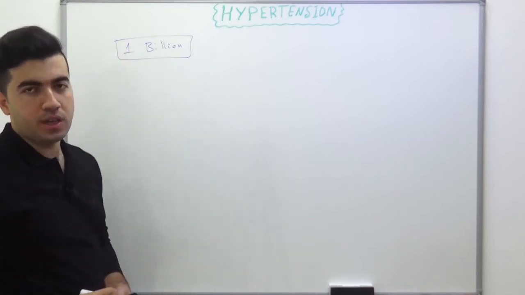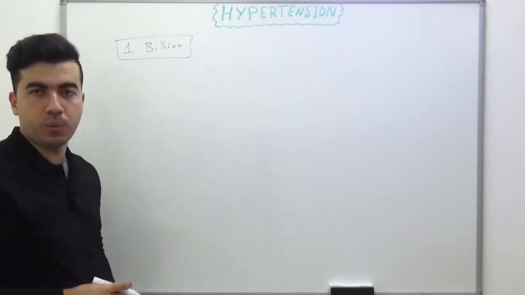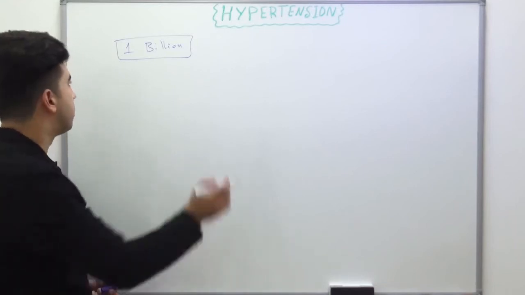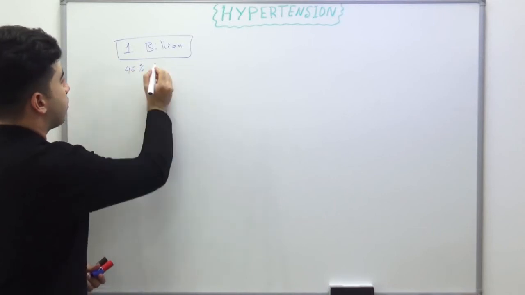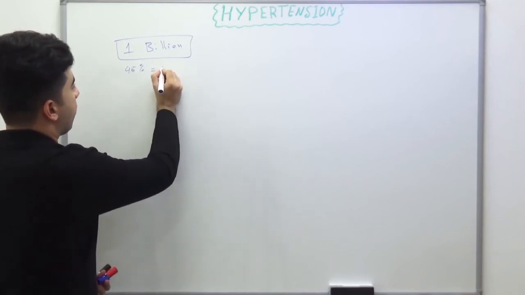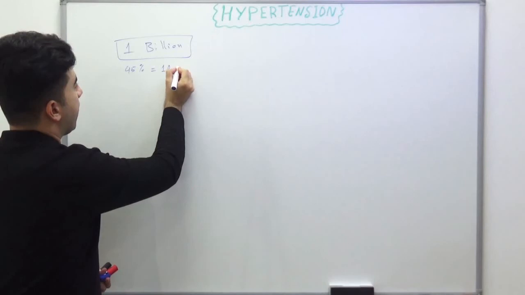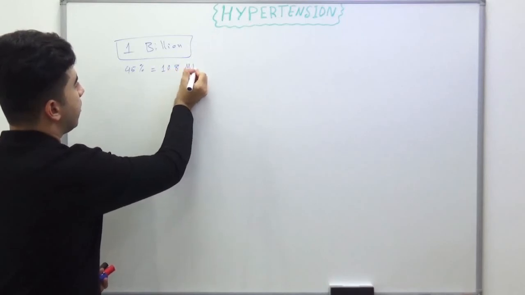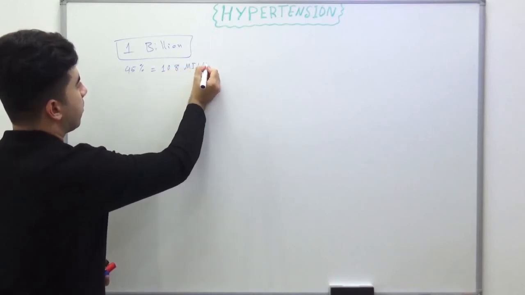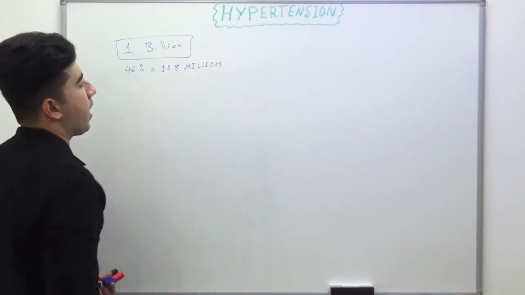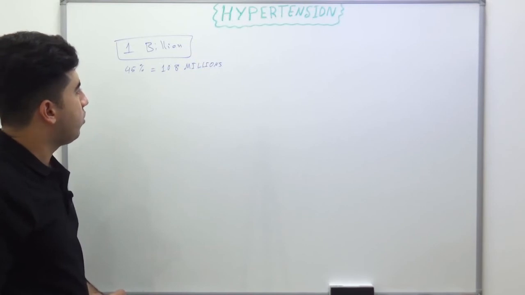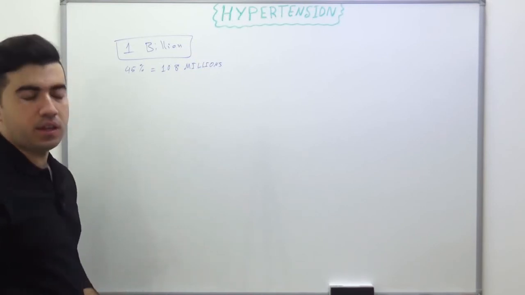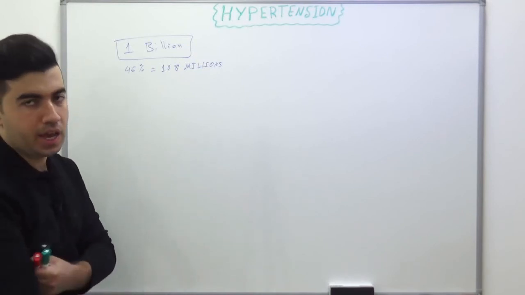For example, just in America, 1/3 of the population, or 45% of the adult population, which is equal to about 108 million, have hypertension. And out of them, for example, 83 are diagnosed.